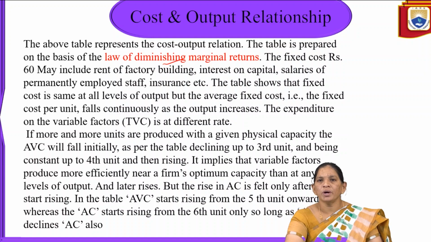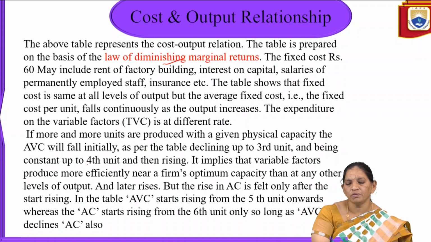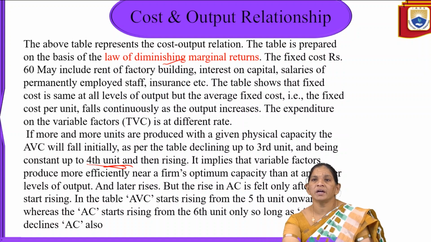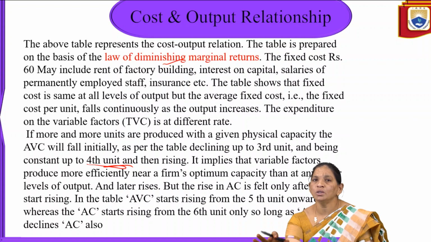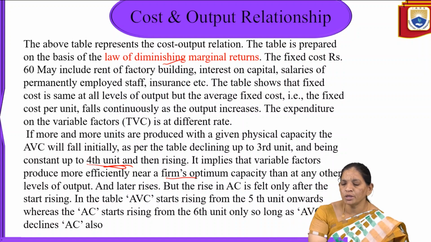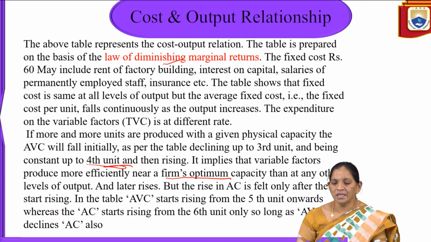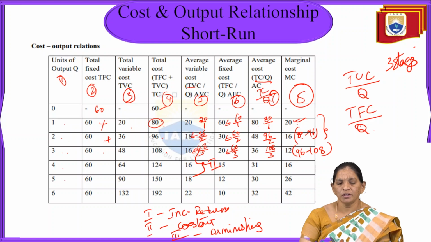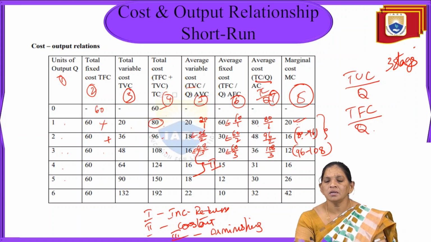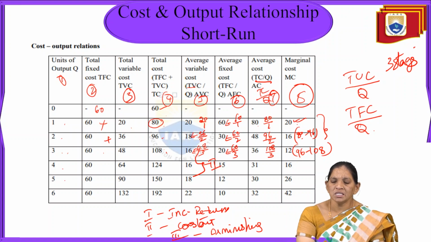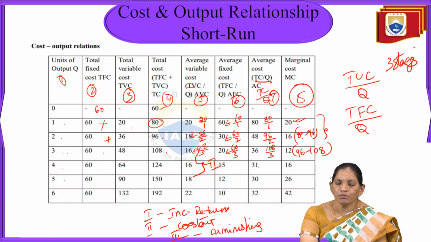So up to the fourth unit we have the rise in total production, where the variable factors or the capacity within the organization, the optimum capacity, was effectively utilized. Later, we can identify that in the case of average cost, when the fifth unit was increased, the AC tends to decrease, as we identified from 80, 48, maybe 36, next 31.